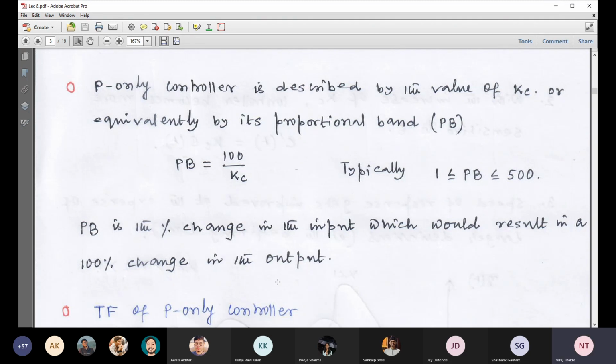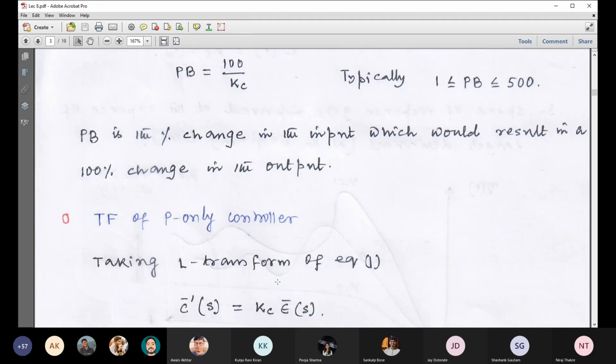What is the transfer function? Student? Okay.